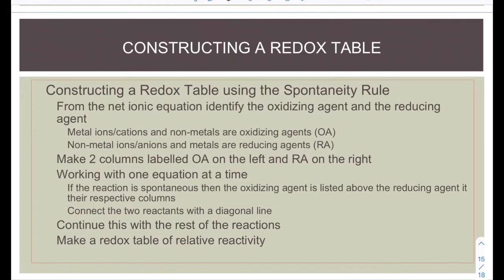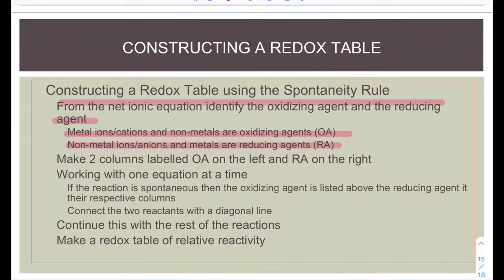When we're constructing a redox table, we need to remember the spontaneity rule. So from the information that we've been doing and from the examples that are coming up, we're going to take our net ionic equation and identify the oxidizing agent and the reducing agent from our half reactions. Remember that metal ions, which are cations, and nonmetals are oxidizing agents. Nonmetal ions are anions and metals are reducing agents.